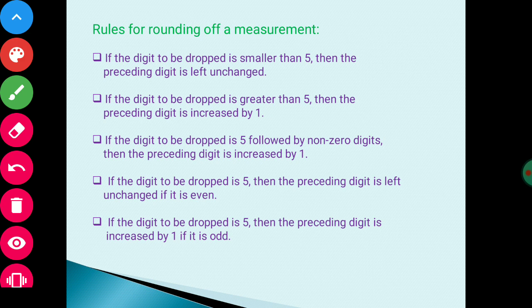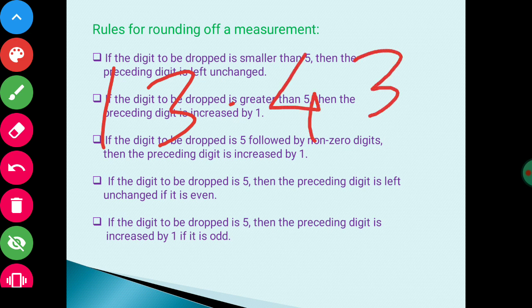Now next, rules for rounding off a measurement. The first rule, if the digit to be dropped is smaller than 5, then the preceding digit is left unchanged. For example, the number is 13.43.